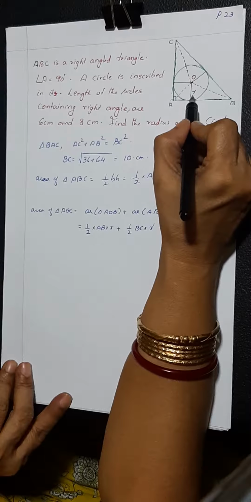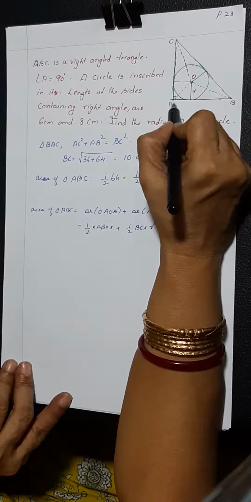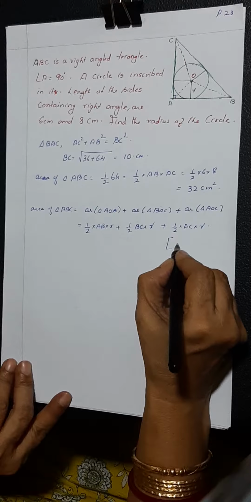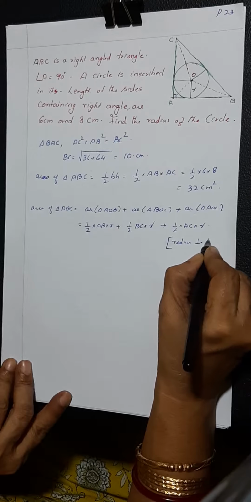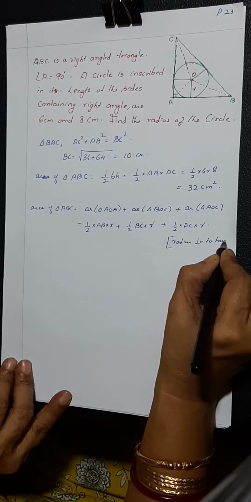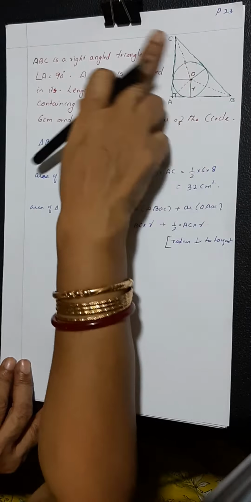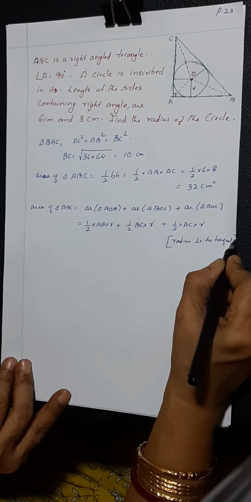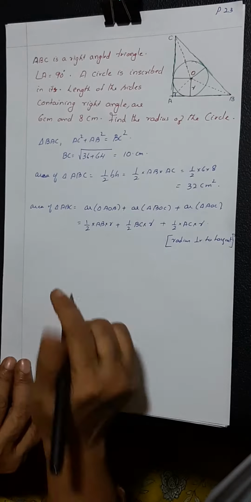The reason here why we are taking radius as the altitude is the radius is always perpendicular to the tangent. So you have to write radius perpendicular to tangent. So AB, BC and CA are tangents to the circle. So that is why this becomes the altitude.